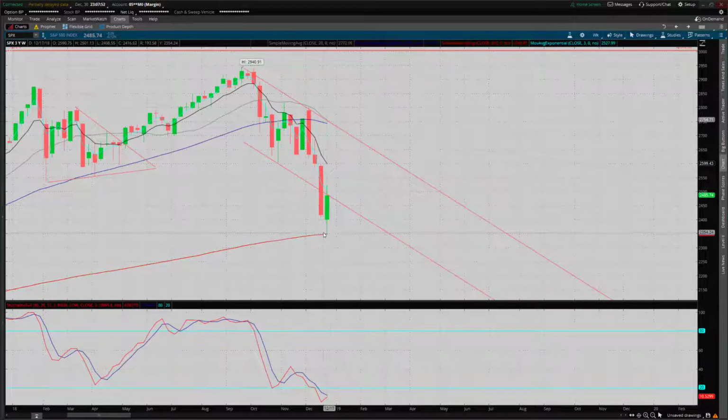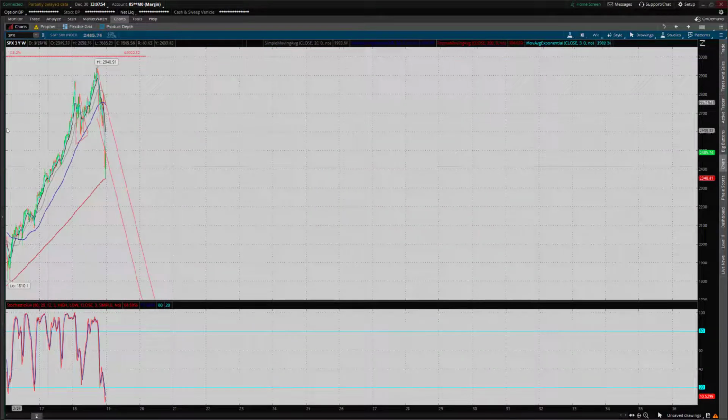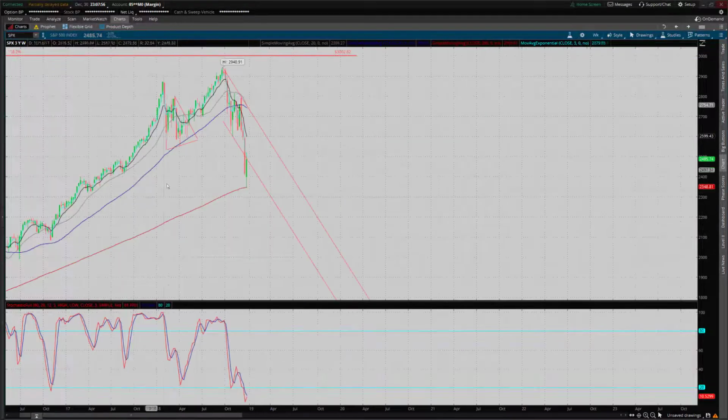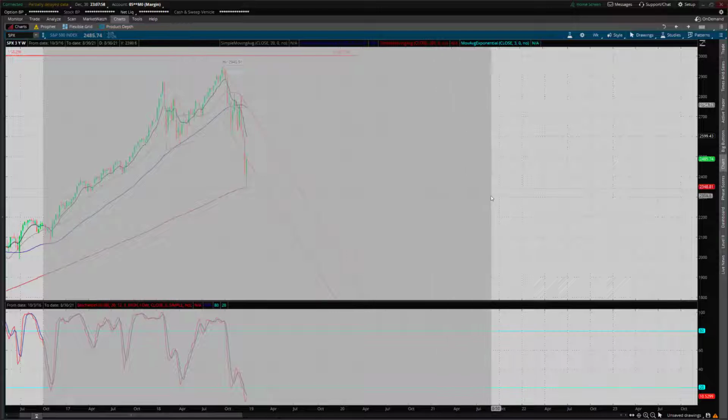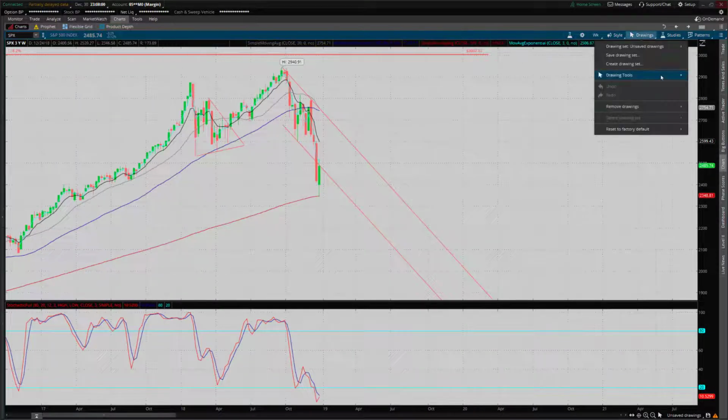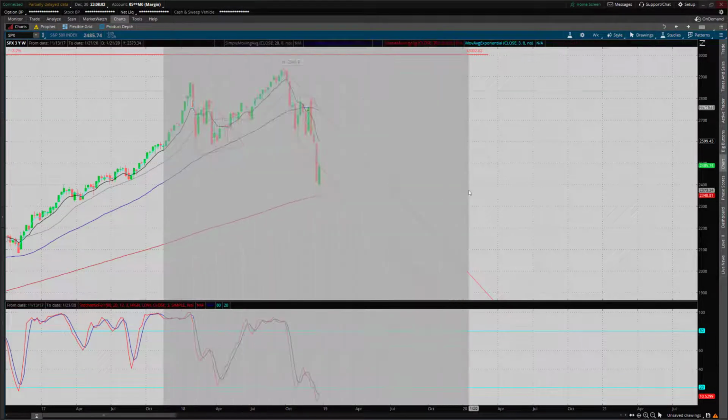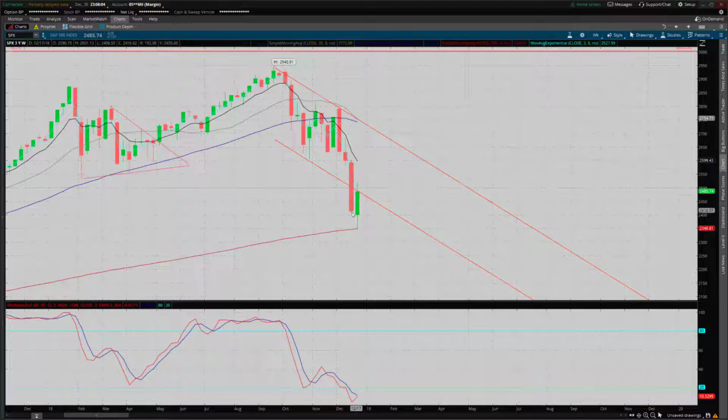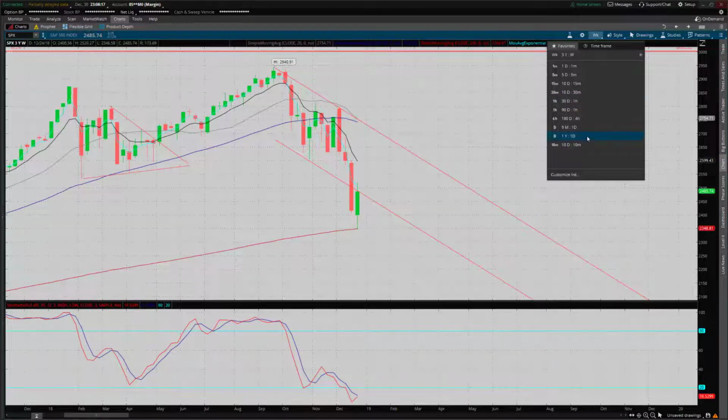We bounced off the 200-week simple moving average, so obviously some sort of reaction off of there, at least for now, although I don't expect that to hold on a longer-term basis. Other than that, nothing really going on in the weekly. Just continuing our downtrend, well below the weekly T-line and still closing below the weekly 3 T-line. So the trend is still decidedly pointed down here.